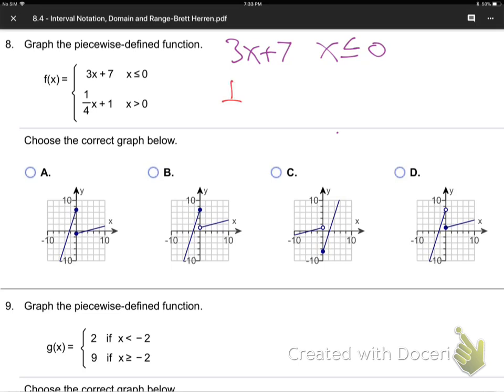But you do the graph 1/4 x plus 1 when x is greater than 0. So you do different graphs in different sections. It's 2 graphs pieced together, one graph in one territory, another graph in another territory.